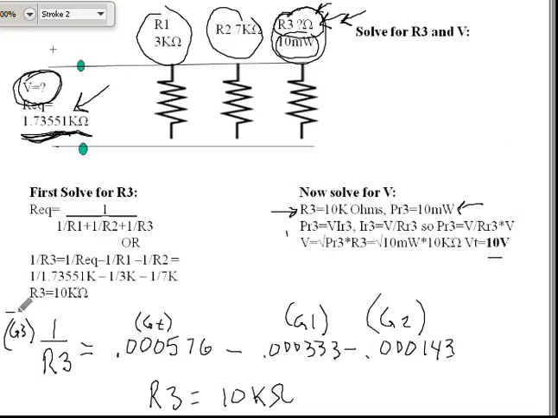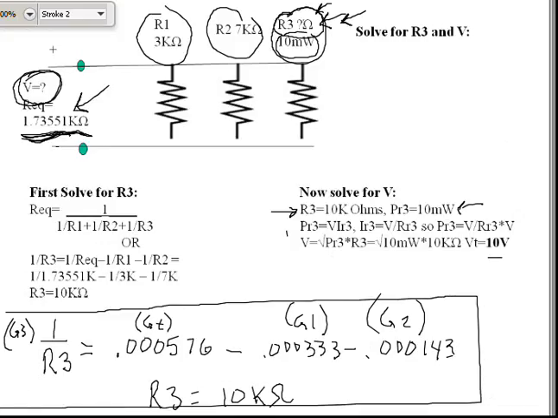But that shows you that the conductance method is actually the most convenient and easiest method of solving for unknowns in parallel circuits.